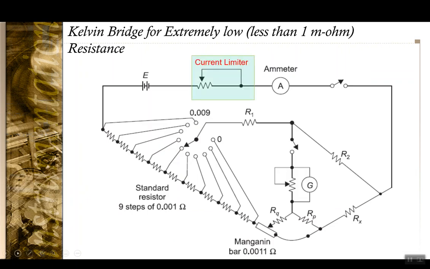Okay, and for really low resistances less than 1 mega ohm, the Kelvin double bridge can even be modified to give more precision. So in this case you have a current limiter resistance here, so that the current going into the bridge circuit itself is limited to quite some extent.